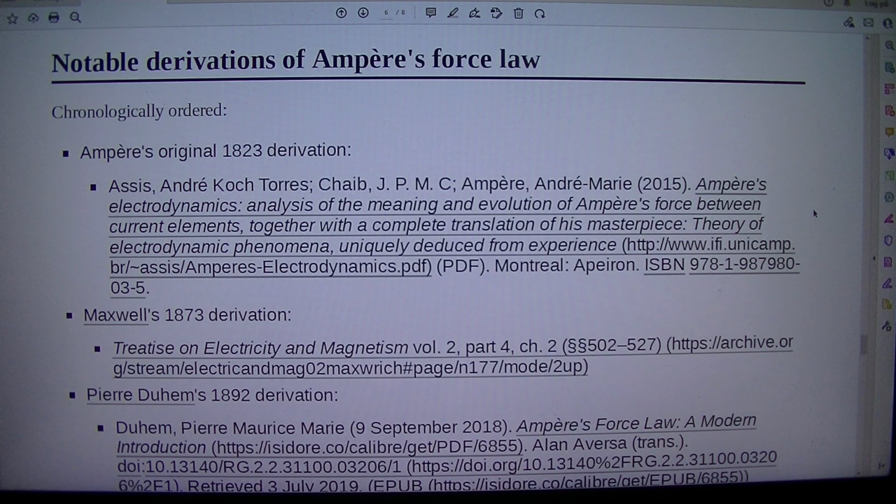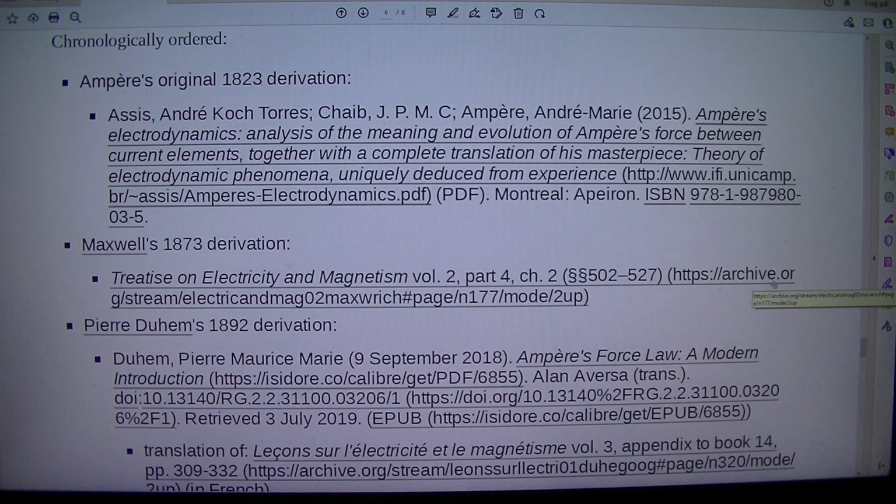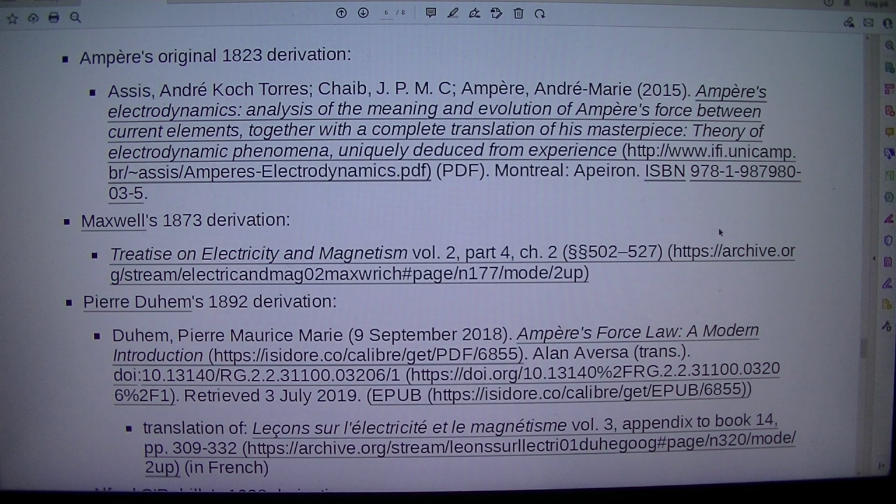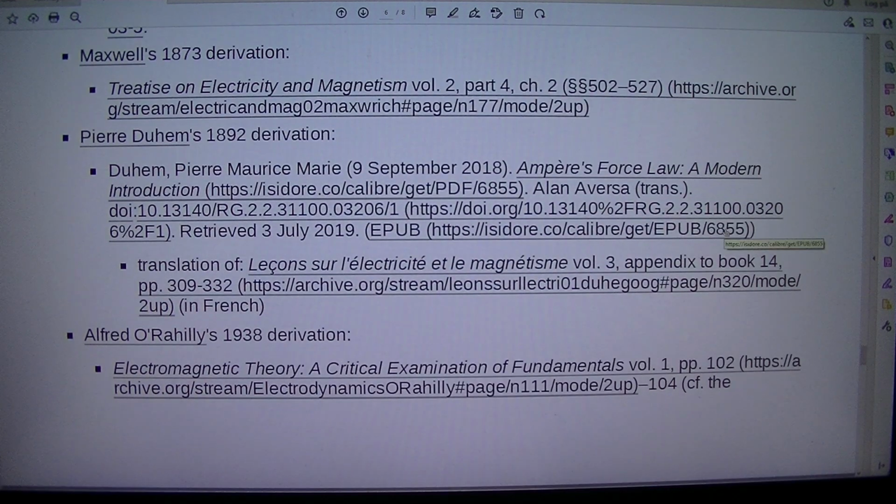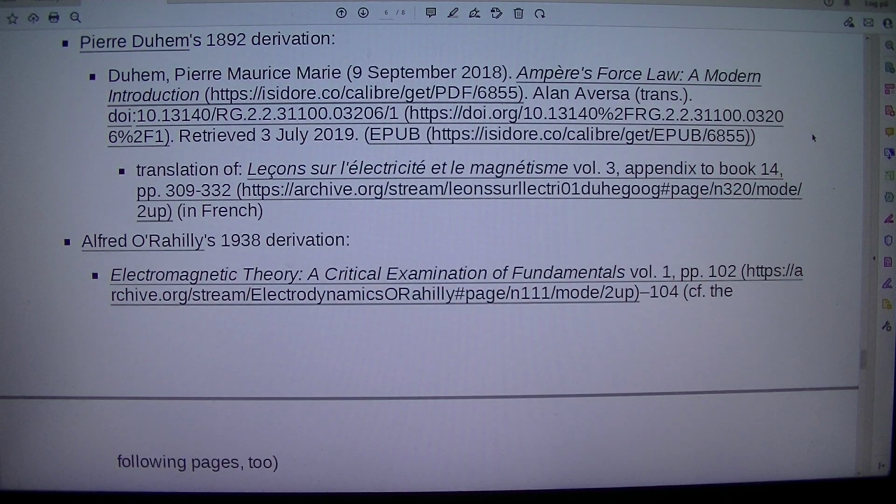Montreal: Apeiron. ISBN 978-1-987980-03-5. Maxwell's 1873 derivation: Treatise on Electricity and Magnetism, Volume 2, Part 4, Chapter 2, pp. 502-527.